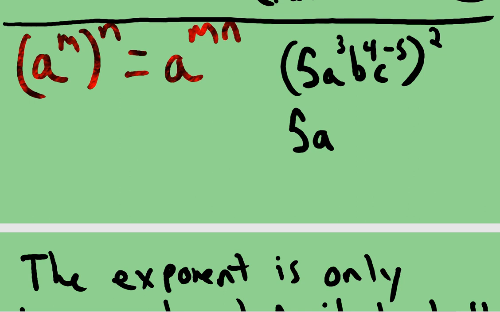You are going to distribute the exponent to everything that is inside of the parentheses. So 5a to the 6th, b to the 8th, c to the negative 10. Is that right?